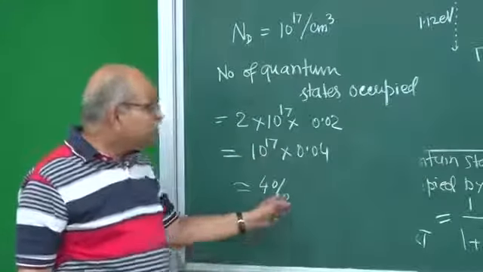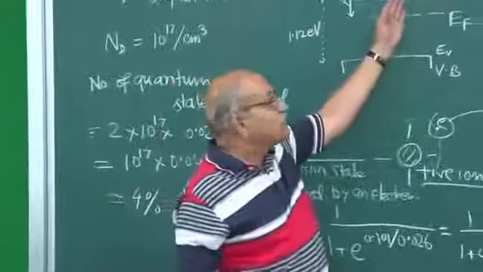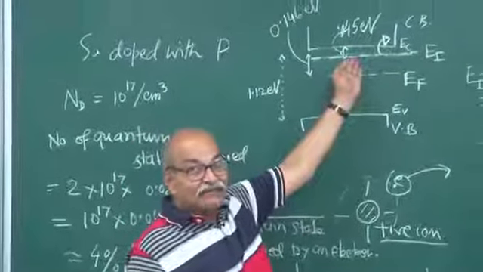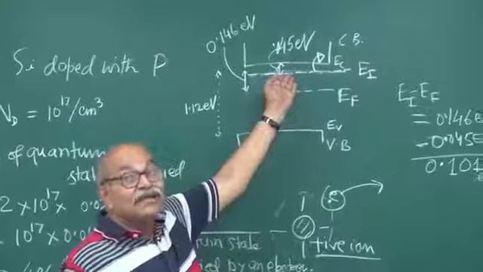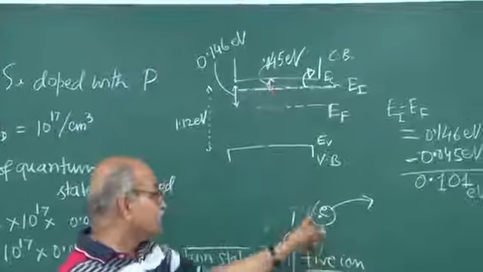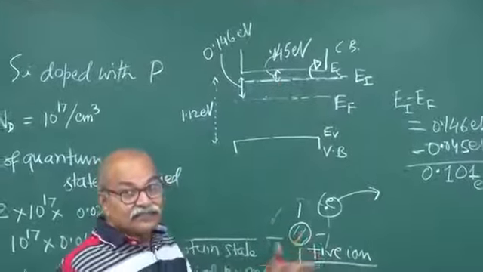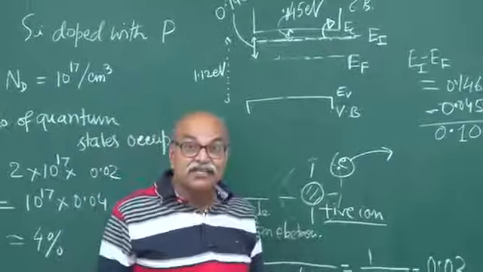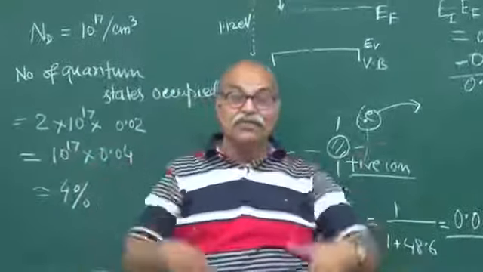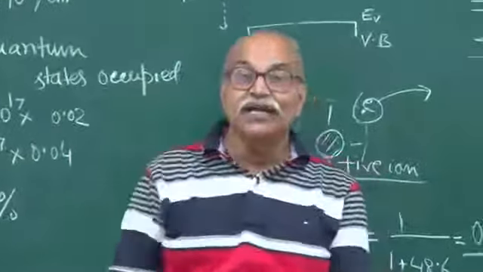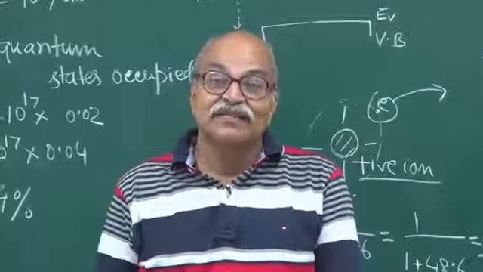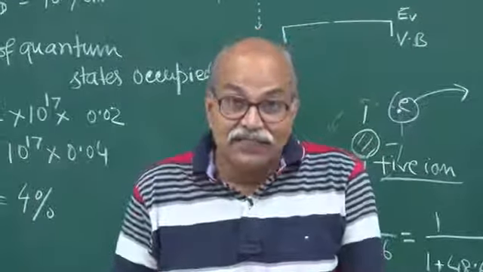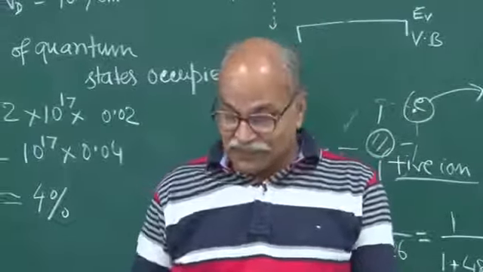So those many electrons are still here in the impurity level. And if the electron is here, that means the donor atom is not ionized. So the fraction of donor atoms which are not ionized is 4% only. 96% have already ionized. That is this question.